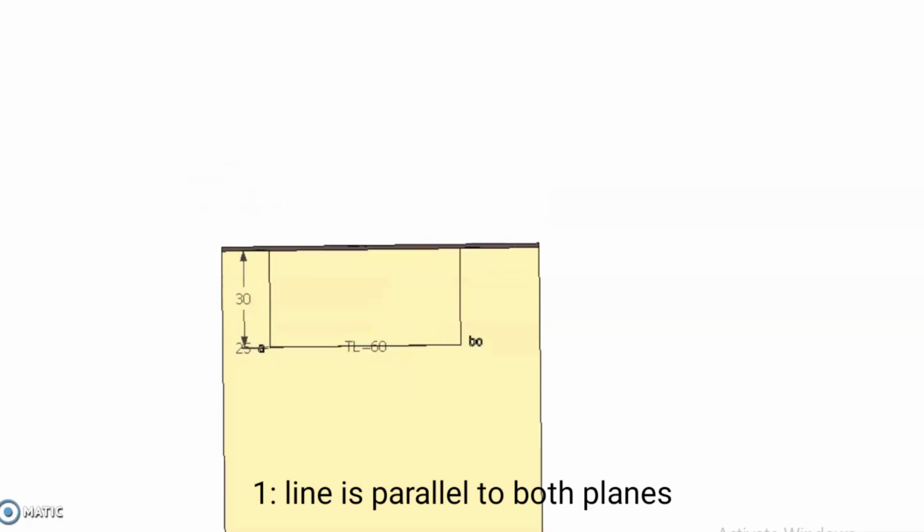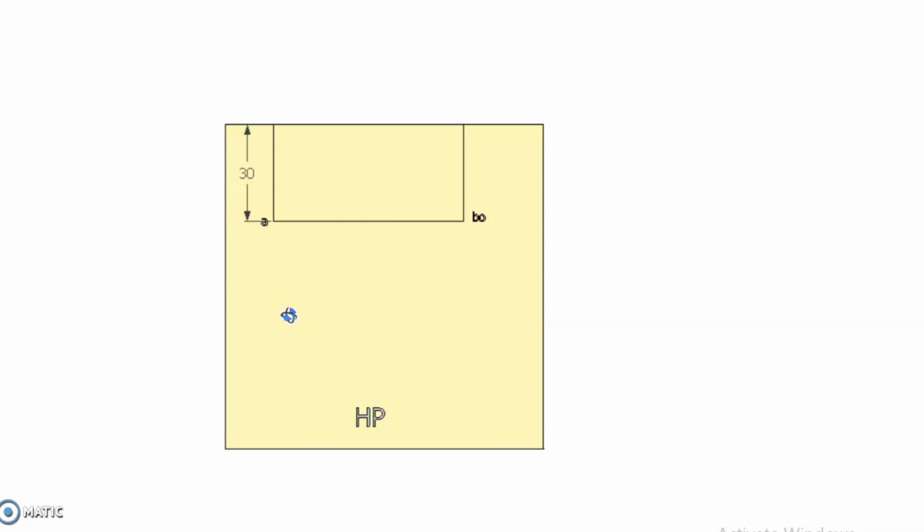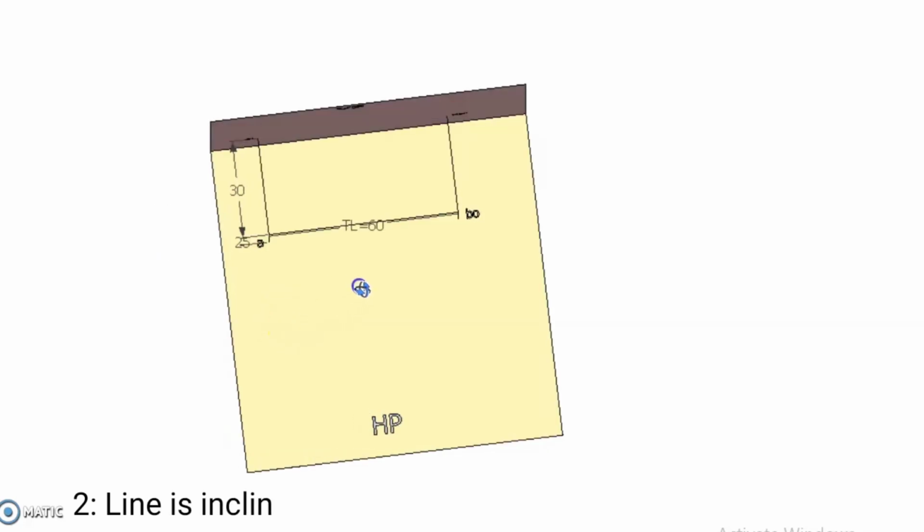The end position in front of VP is given by this distance, and its top view appears as ab0. Follow the notations to draw the top view. There will be no dash while representing the line in top view.